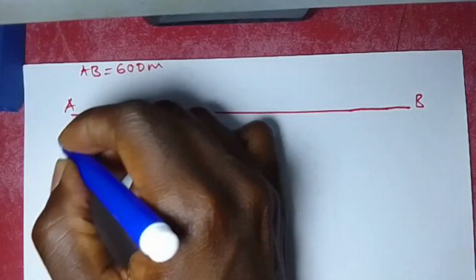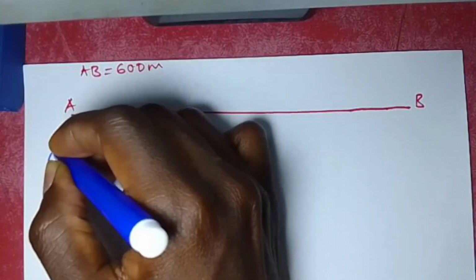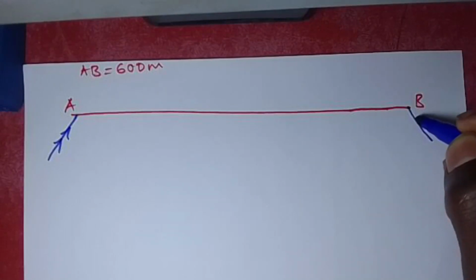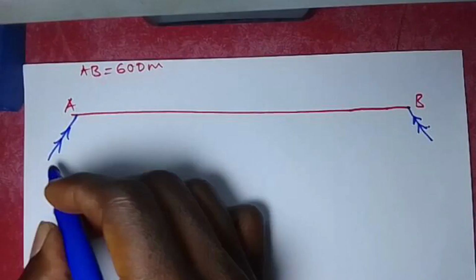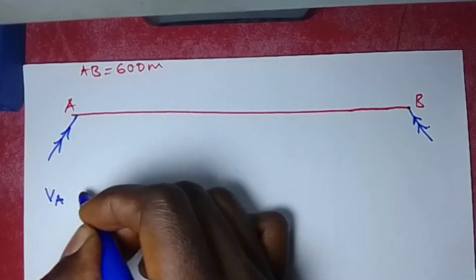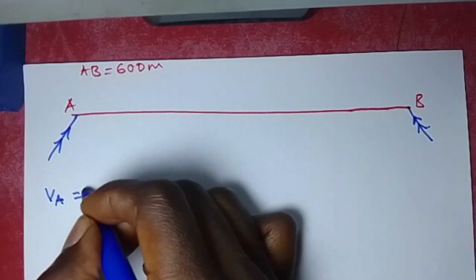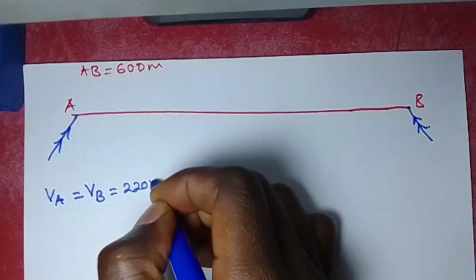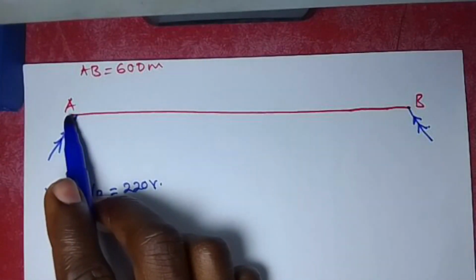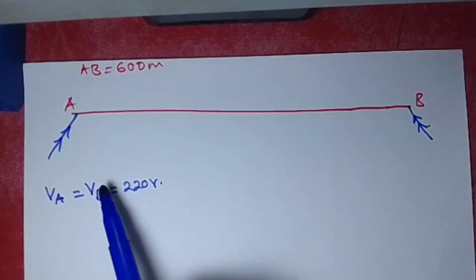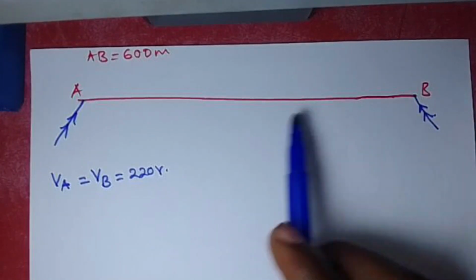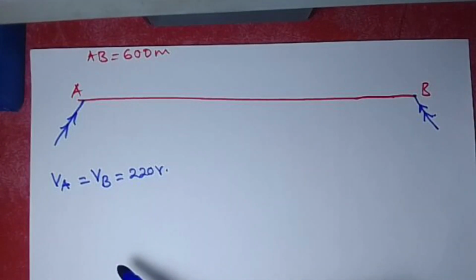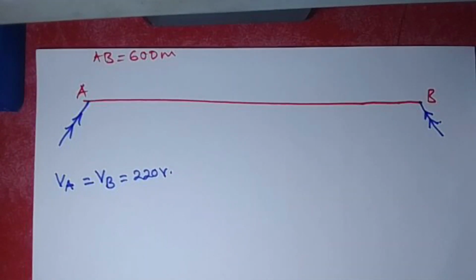So if this is my feeder and this is my feeder, we expect that the voltage at point A is equal to the voltage at point B, which is 220 volts. So according to that question, the voltage at point A is 220 volts and the voltage at point B is also 220 volts.